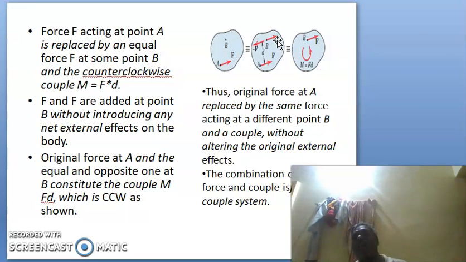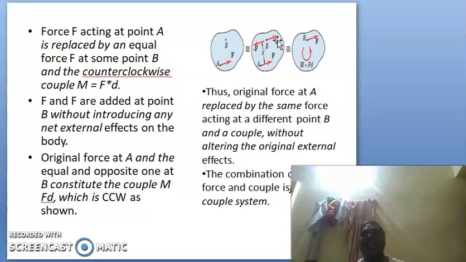Along with that, the right side force is also available. So the single force, which is equal to the three forces as mentioned in the middle figure, is also equal to the single force at B along with a moment or a couple whose magnitude is Fd. This is what the figure indicates, and that is how, in different problems, as we move a force, there is an additional couple involved.